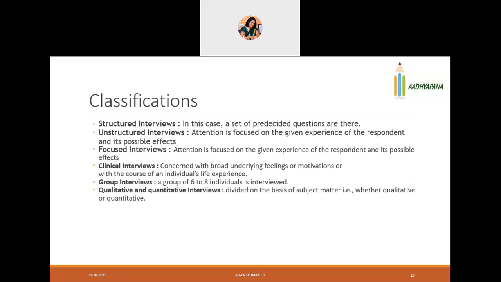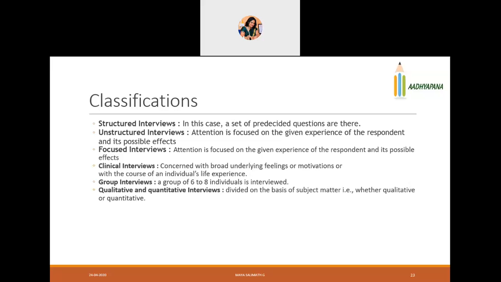Clinical interviews: a clinical interview is usually conducted by a psychiatrist or a person from a psychology background. They look at the motives and feelings which underlie the person's answers. Group interviews: a group of 6 to 8 people is involved during the interview.